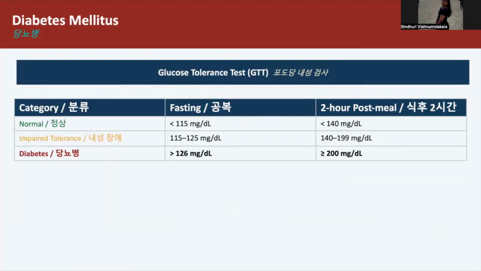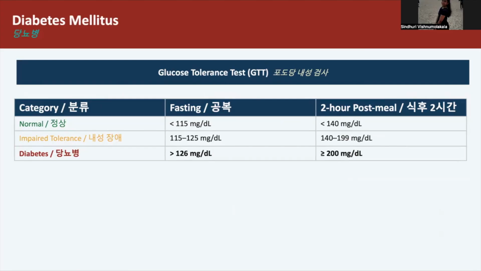So what are the tests done? Which is the glucose tolerance test. In normal, fasting it is less than 115 milligram per deciliter, and post meal, which is done 2 hours after a meal, it should be less than 140 milligram per deciliter. Impaired tolerance or pre-diabetic stage is 115 to 125 milligram per deciliter in fasting, and 140 to 199 milligram per deciliter after a 2-hour meal.